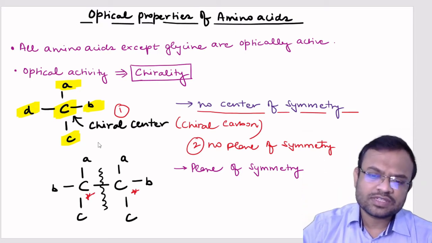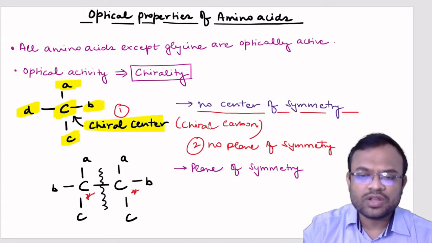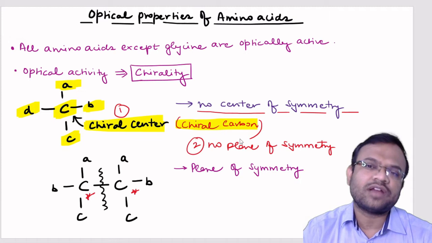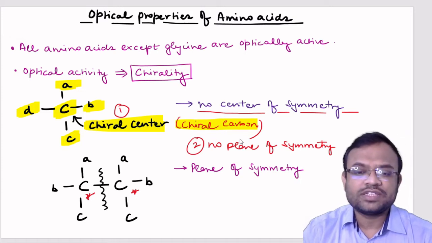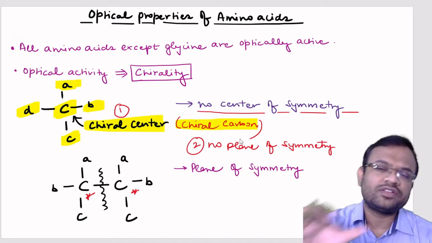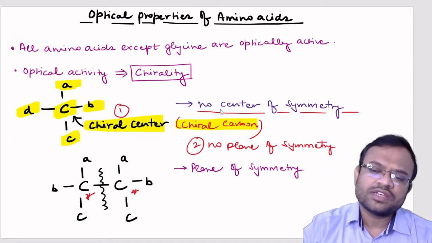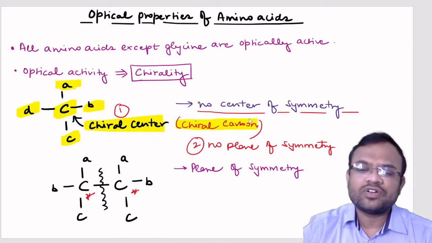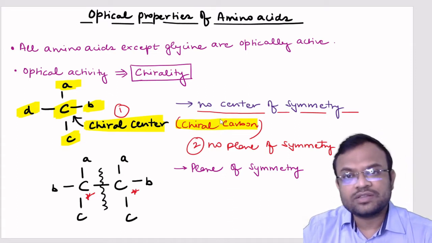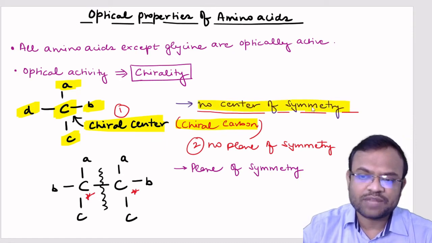Okay. So this carbon can also be considered as a chiral center, or you can also call it a chiral carbon. If you are considering in terms of symmetry, that is whether the molecule or compound that you are talking about is symmetrical or not, then you would say, since the carbon present in the center is chiral, no center of symmetry can be seen.